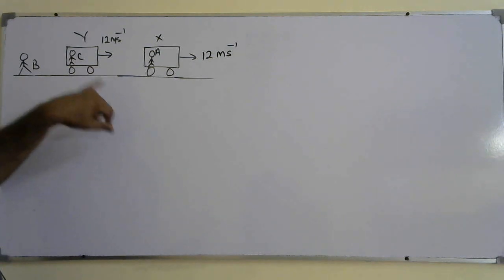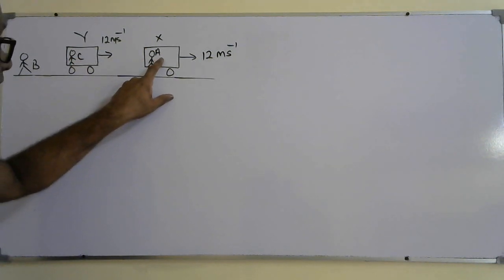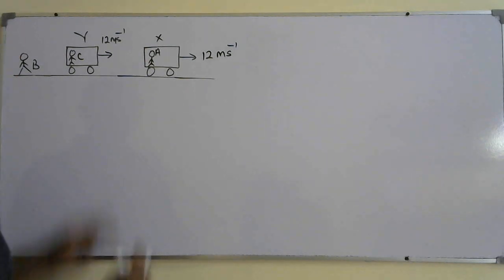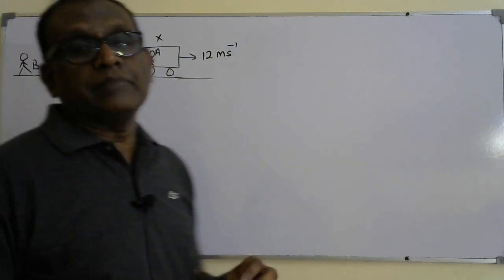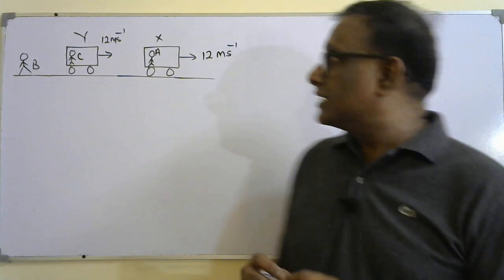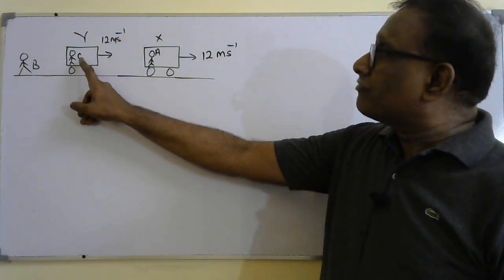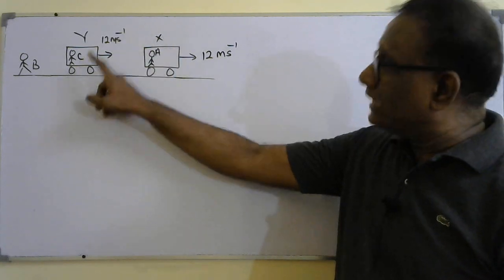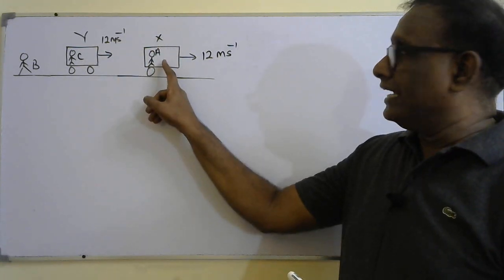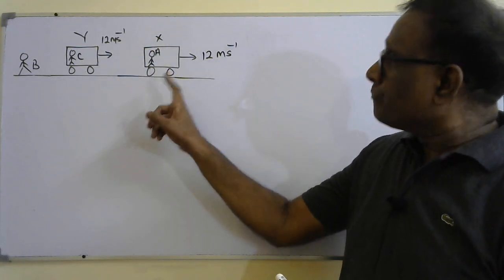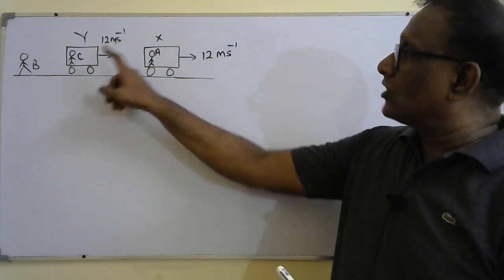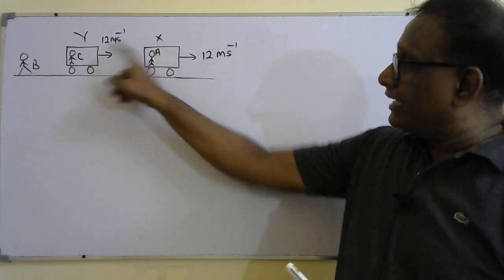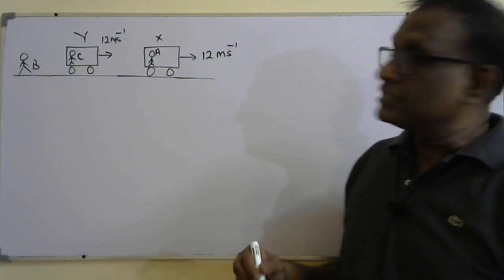Then the velocity of A on the frame of reference of C is equal to 0 because there is no change in the gap between the two cars X and Y. So relative to C, velocity of A is equal to 0. Same way, on the frame of reference of A, velocity of C is equal to 0.